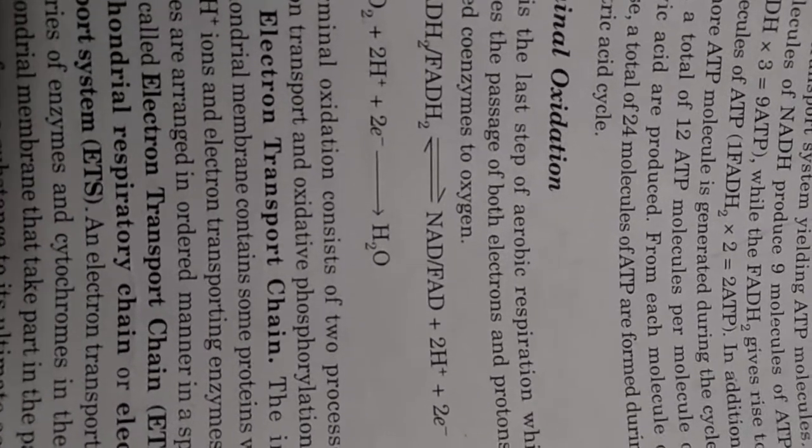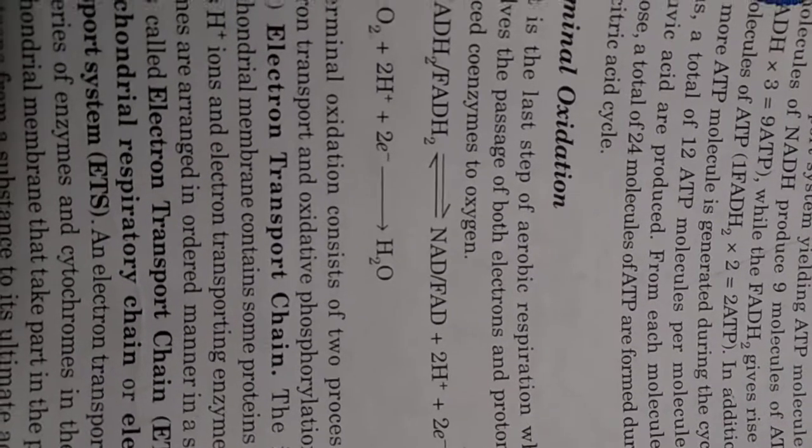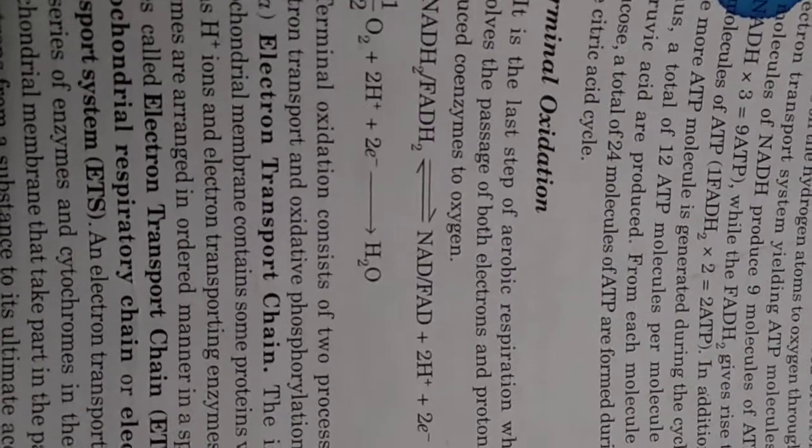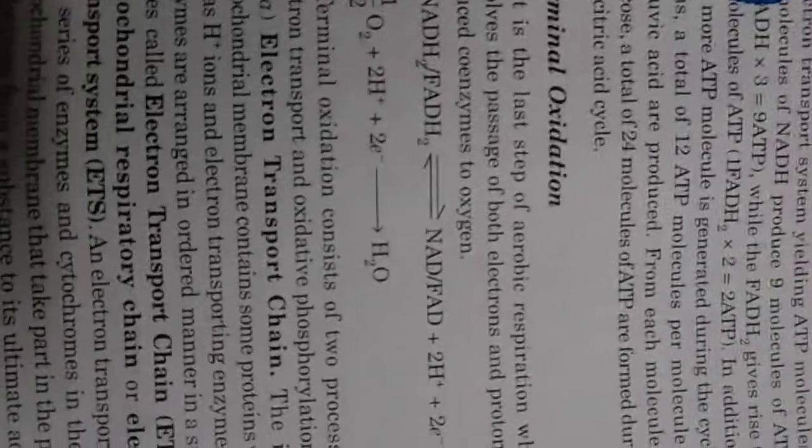So ATP is produced here. When is the ATP produced here? ATP is produced when NADH2 and FADH2 are completely oxidized to NAD plus and FAD.